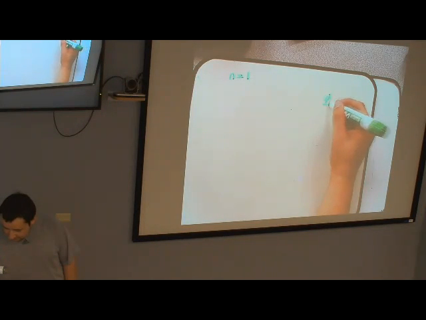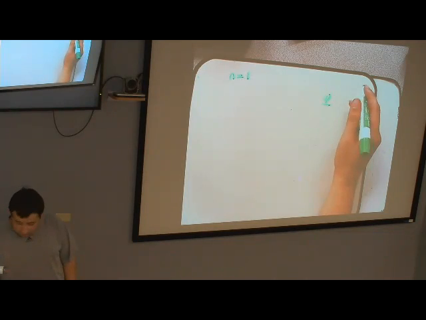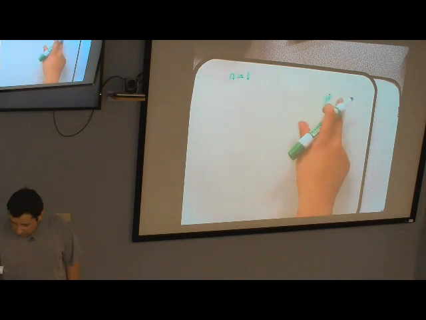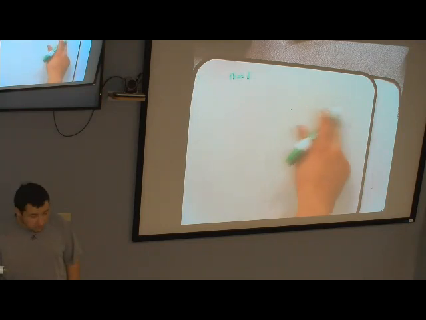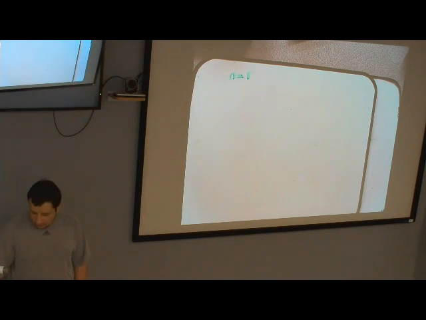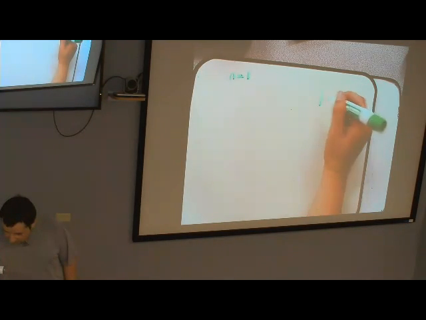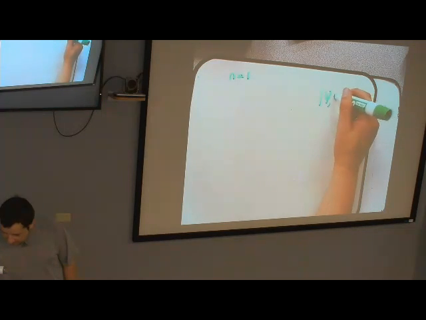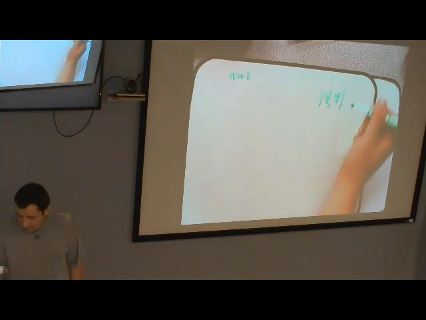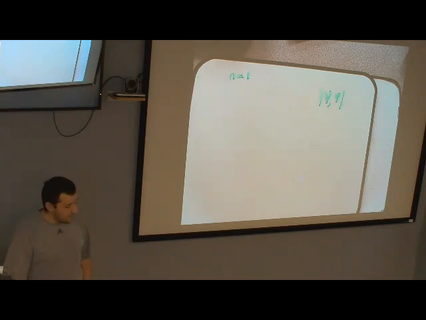And let's do it in bracket form, like Dirac notation.